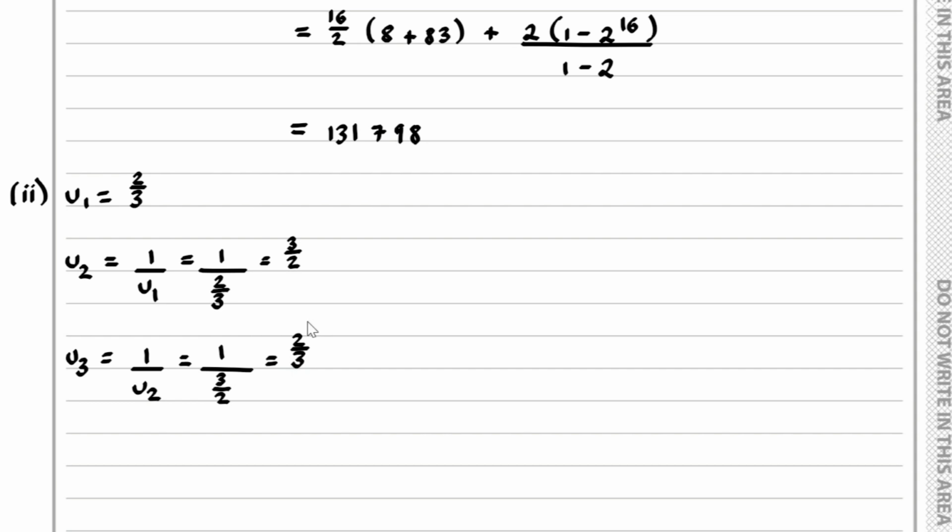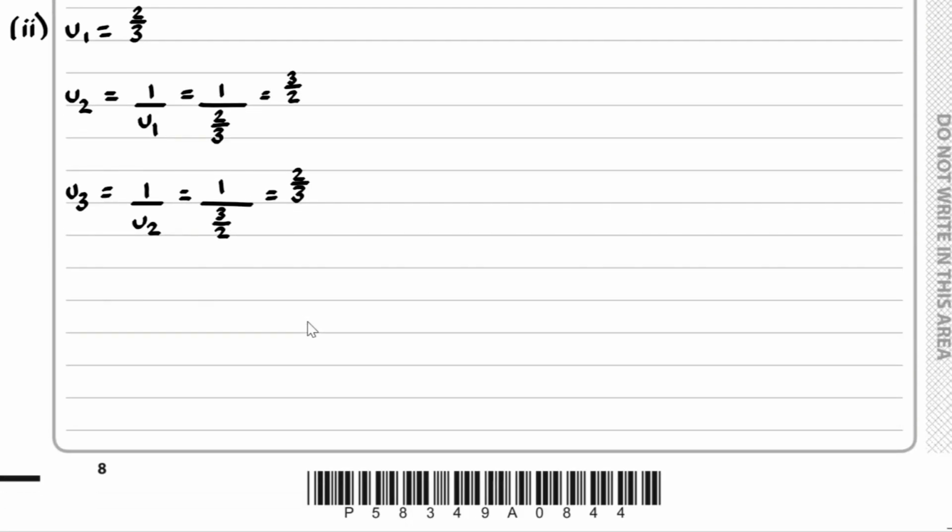And can you see how we're going to continuously cycle back? So if I work out what u4 is, that's equal to 1 over u3. So I've got 1 over u3, which is 2/3, which is 3 over 2.